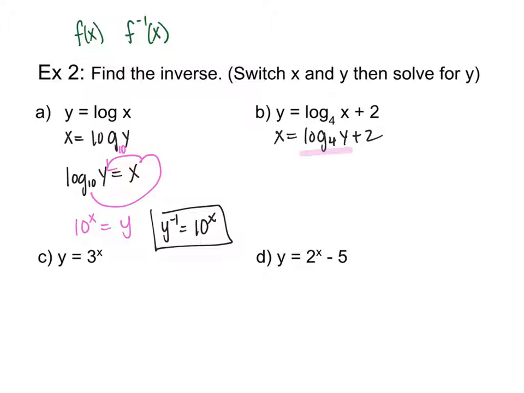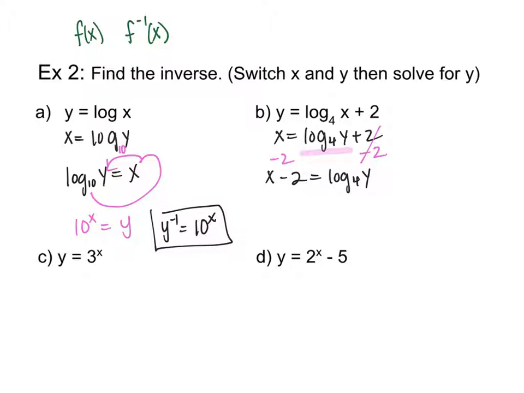Well, notice that the plus 2 is not inside the log. If it was, then you would have seen this in parentheses, but you don't. So what you have to do is subtract off the 2 to get the log by itself. 2's cancel. So I have x minus 2 equals log 4 y. And now you have the log by itself.